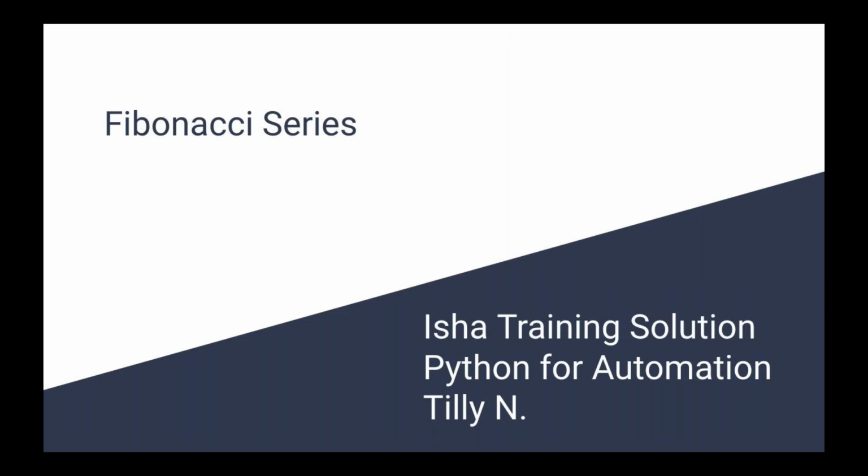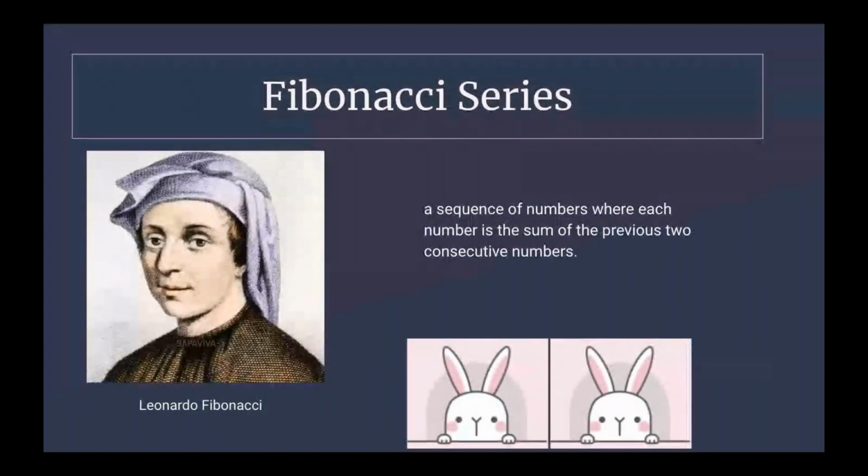I just wanted to give you some extra context to why this is such a cool series. This series was introduced by an Italian mathematician named Leonardo Fibonacci. And in 1202, he proposed this puzzle of how many rabbits a single pair of bunnies could reproduce after a year.